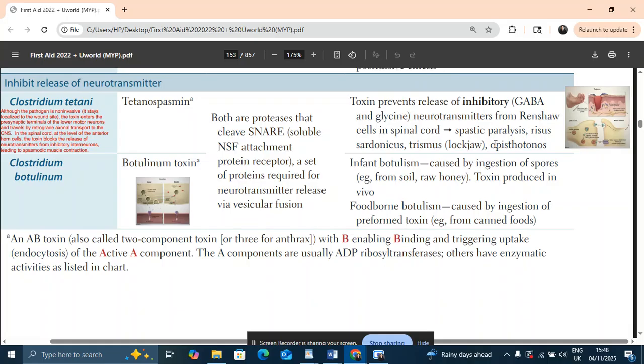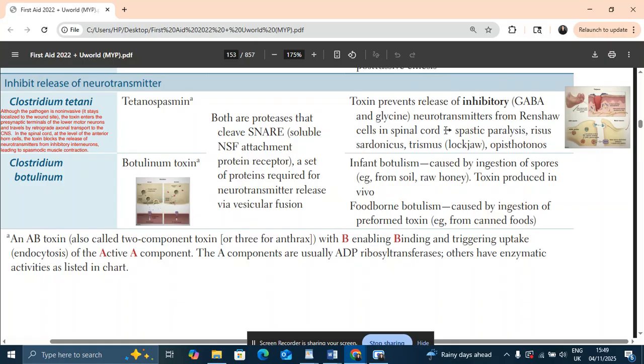That means jaw muscles are stiff, leading to difficulty opening the mouth. The third important finding is risus sardonicus, which means spasm of the facial muscles. The fourth important finding is opisthotonus, which is severe back muscle spasm. These are the important findings you should remember for tetanus.